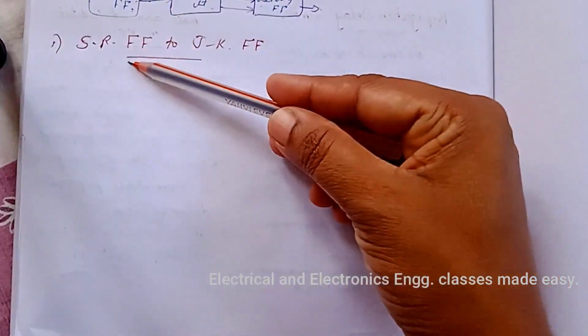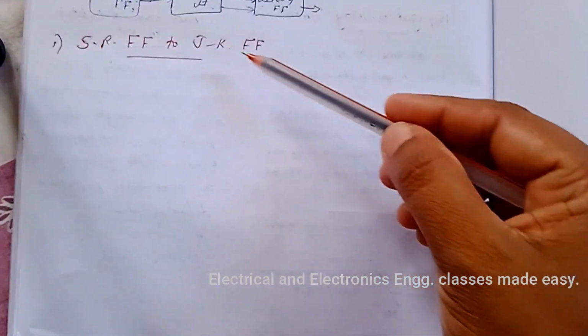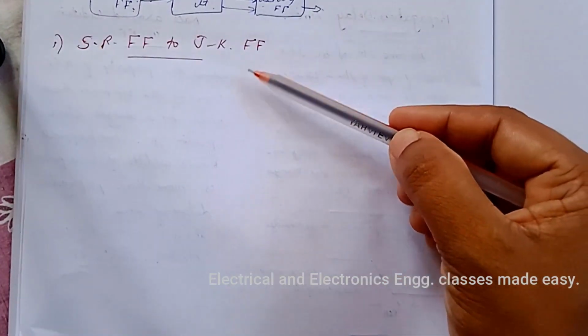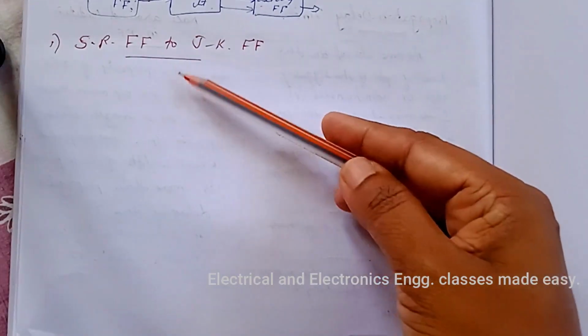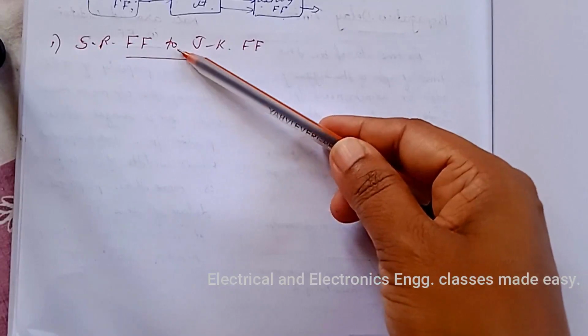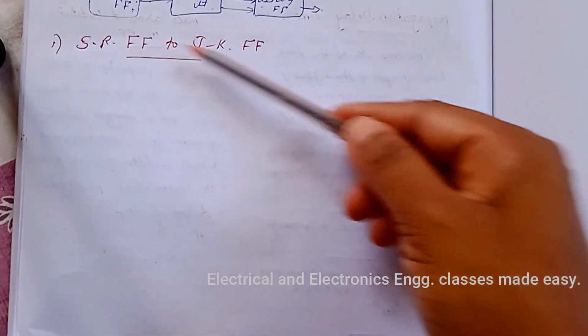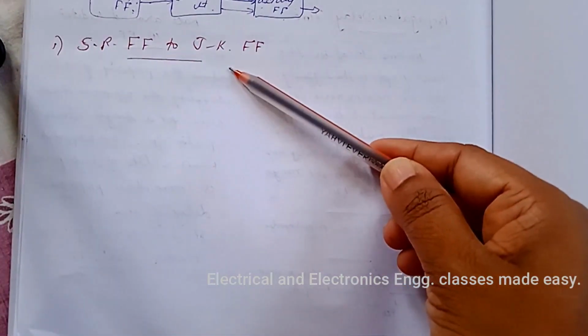First one is SR flip-flop to JK flip-flop. So this is a very difficult portion. Before that, please go through the flip-flops in detail.